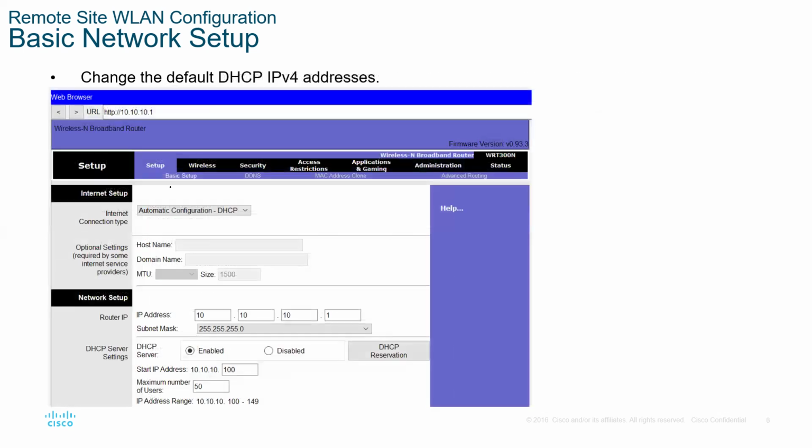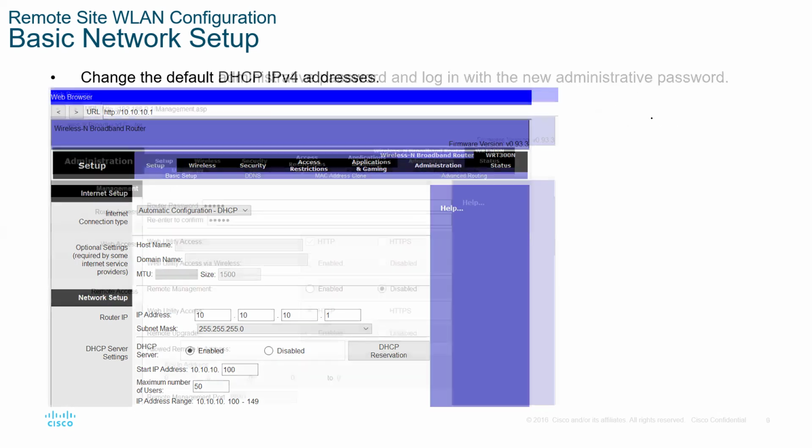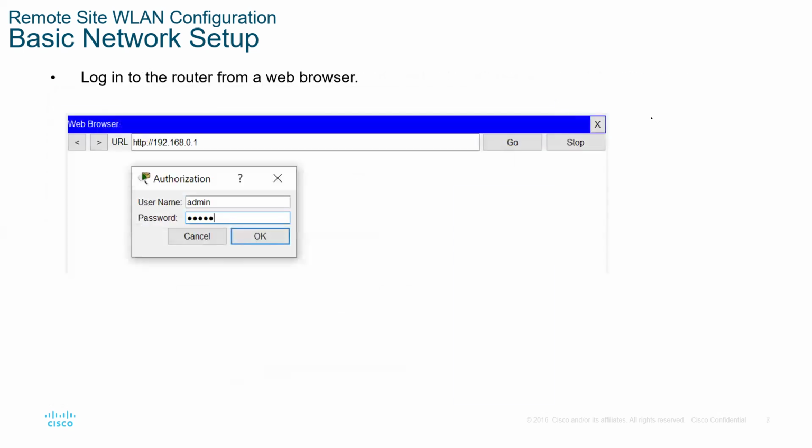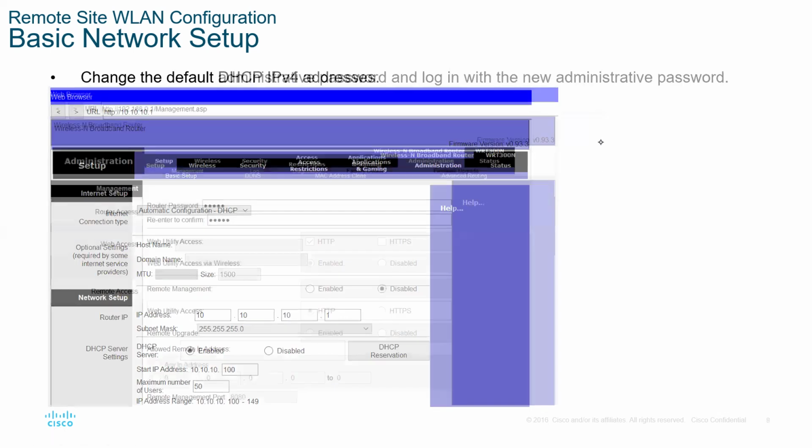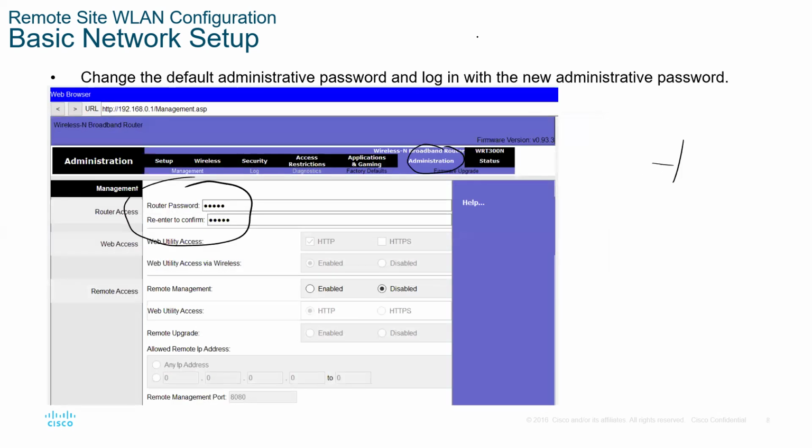Changing the default IPv4 address, the DHCP IPv4 address. Like I said, in the example, when we started to log in, we used 192.168.0.1. You can see from this one, this is the default IP address, 192.168.0.1.